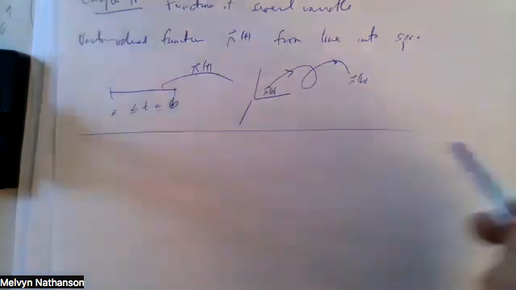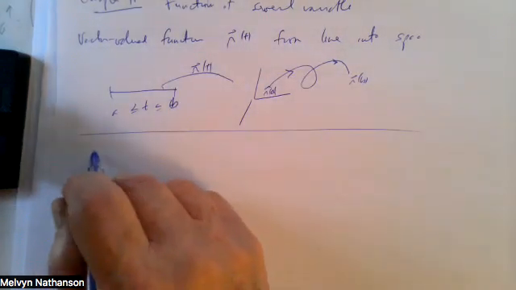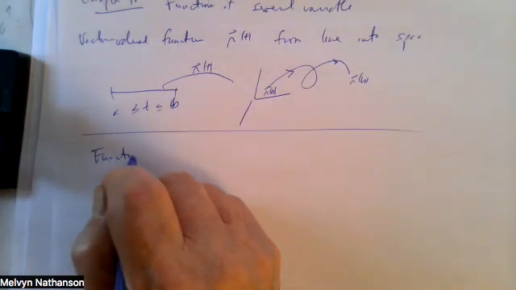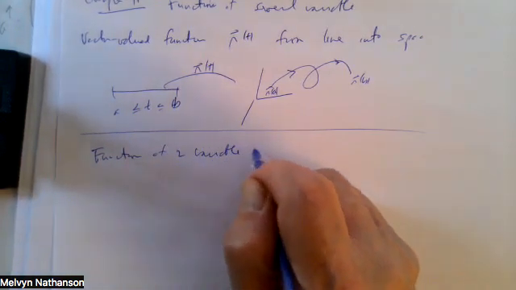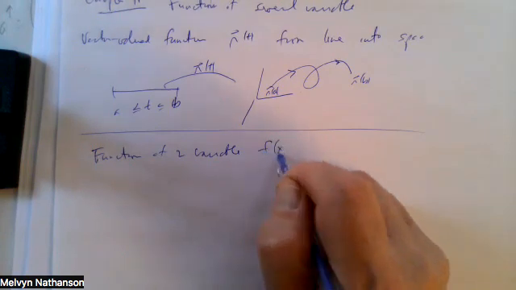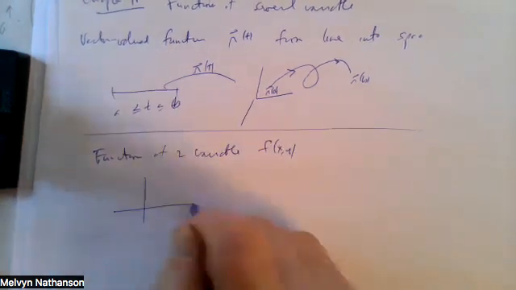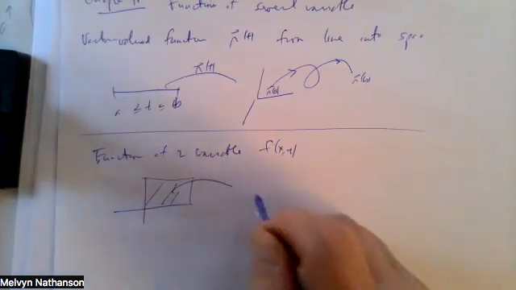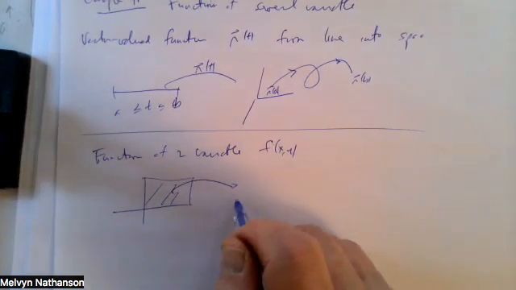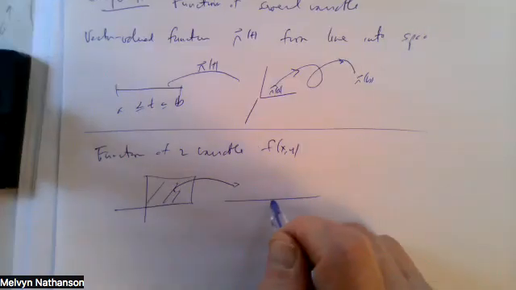Functions of several variables is the opposite. So you might have a function of 2 variables, f of x, y. So in some region of space, your function maps this into just the line.